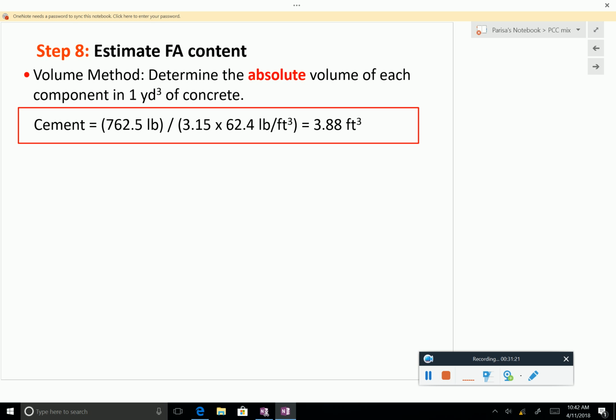This is the idea. So let's calculate the absolute volume for coarse aggregate. Now we need to use the specific gravity. You know how much the weight is. Then we can calculate using a specific gravity.